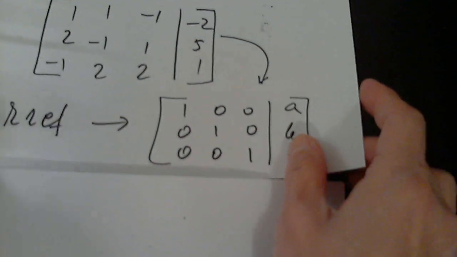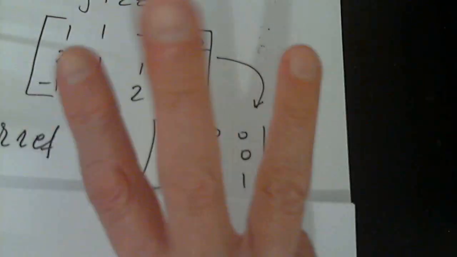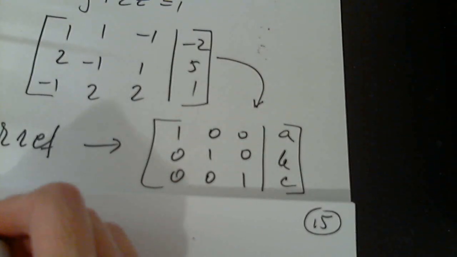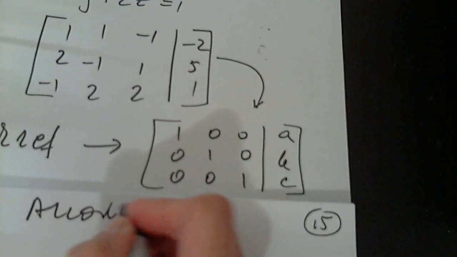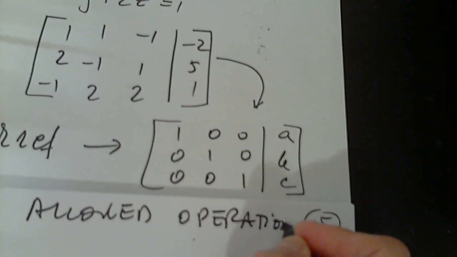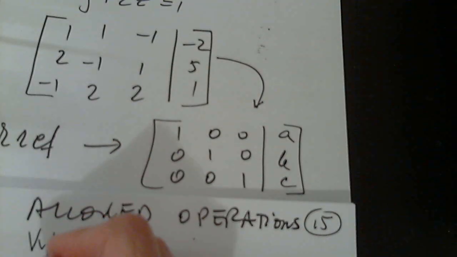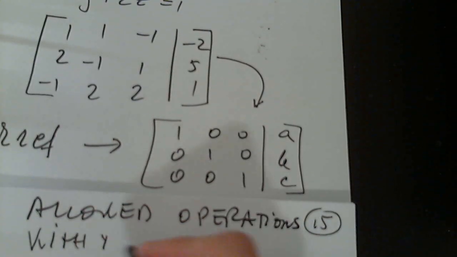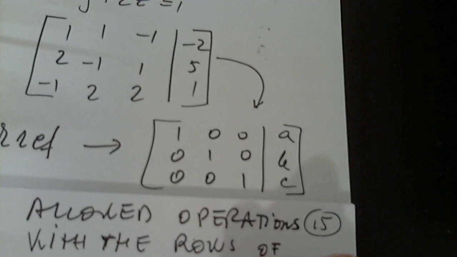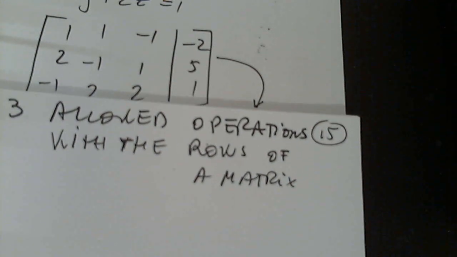There are 3 allowed operations with the rows of a matrix.